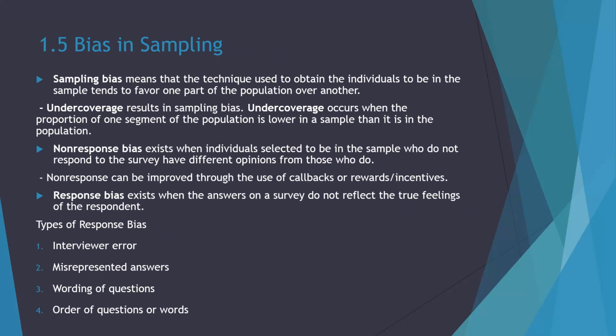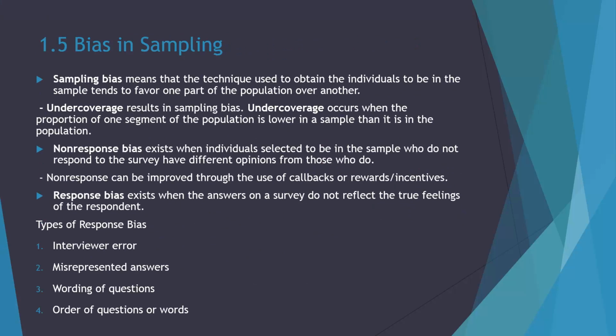Response bias exists when the answers on a survey do not reflect the true feelings of the respondent. Types of response bias: one could be interviewer error, so something the interviewer does mistakenly to skew the responder's answer. Misrepresented answers. The way questions are worded can cause response bias, and the order of how questions are asked.